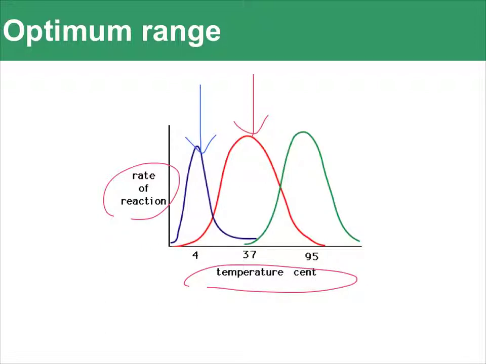One thing you may notice with these graphs: at the peak of the graph, you're looking at the optimum temperature, where the enzyme performs at its maximum. Just after the peak is the denaturation point, when the active site starts to no longer work. You'll notice that the reaction is still proceeding. The reason for that is that, say in a human, if we get up to 39 degrees, all of the enzymes won't denature at the same time.